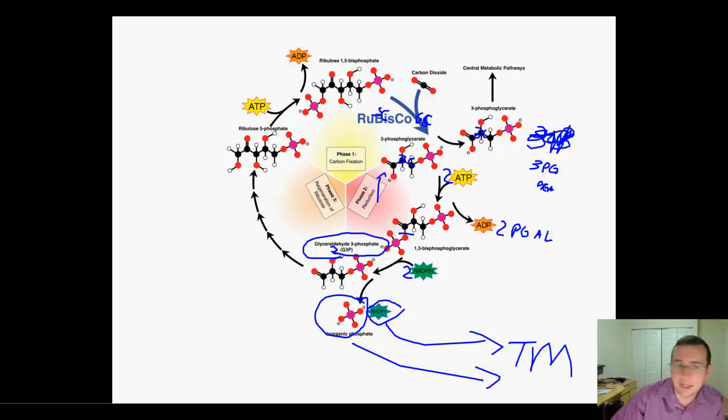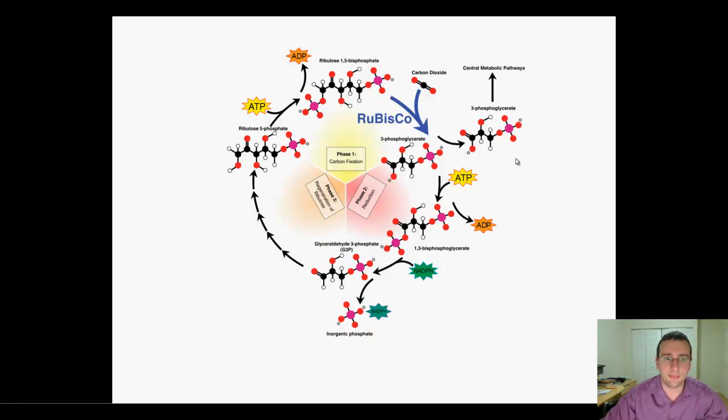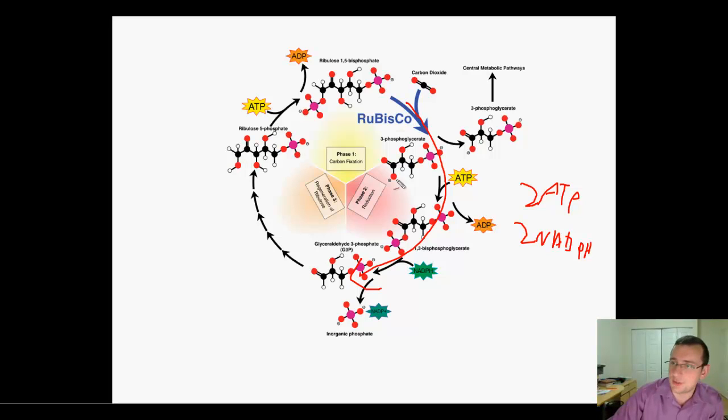So by completing this half of the cycle, halfway through the circle here, I actually use 2 ATP and 2 NADPHs to transform Rubisco into a molecule called G3P, and I actually make 2 of those molecules.